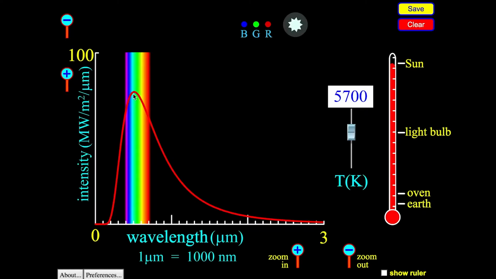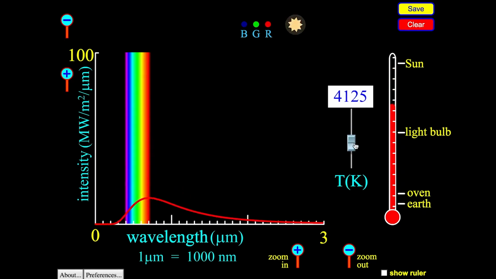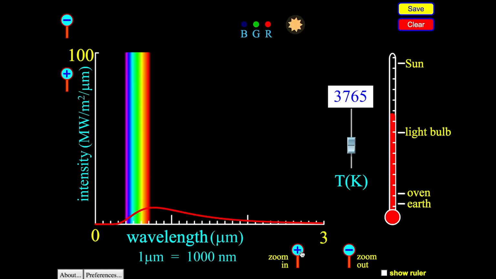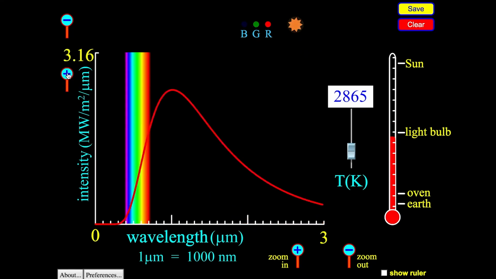However, as the temperature goes down, if I decrease the temperature, then what happens is that it will shift towards more and more lower frequencies. As you can see, I am decreasing the temperature to 3000, and it is shifting to higher wavelength here, which means lower frequency.